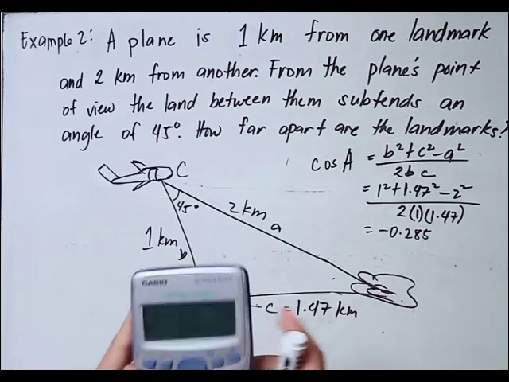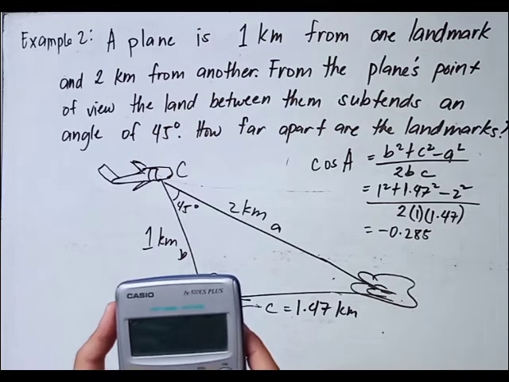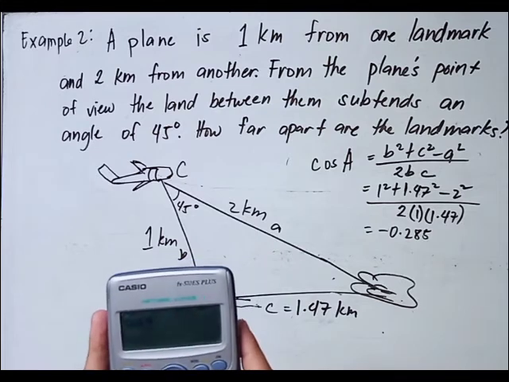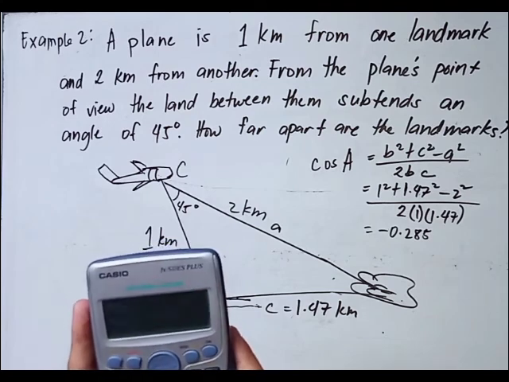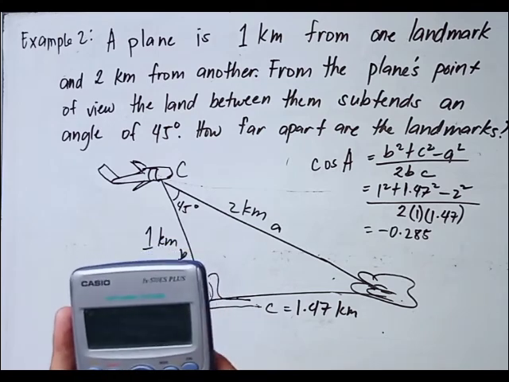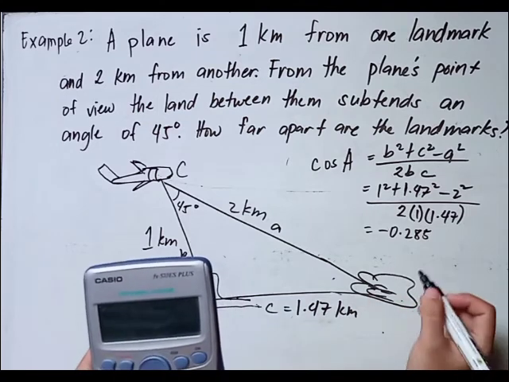So that is shift cosine of negative 0.285. So that is equal to 106 degrees.